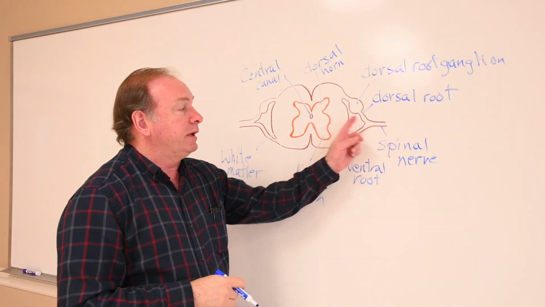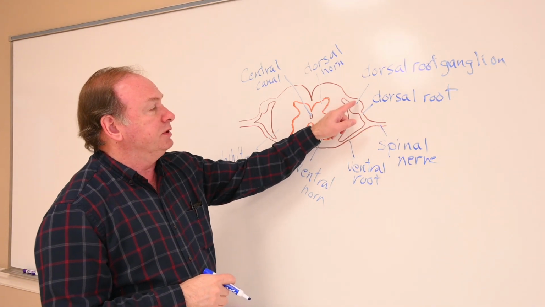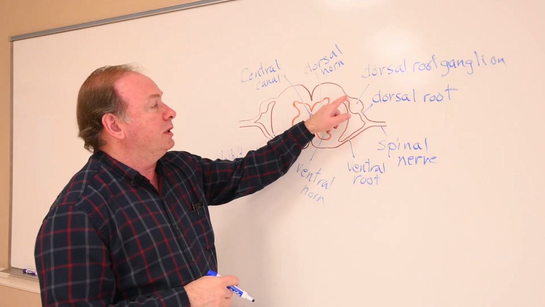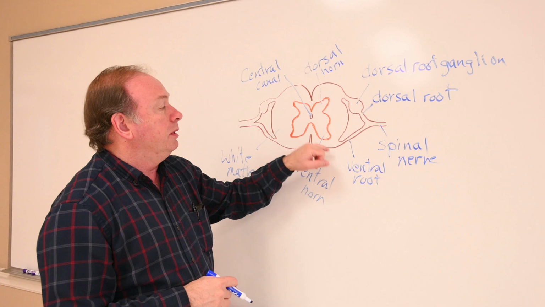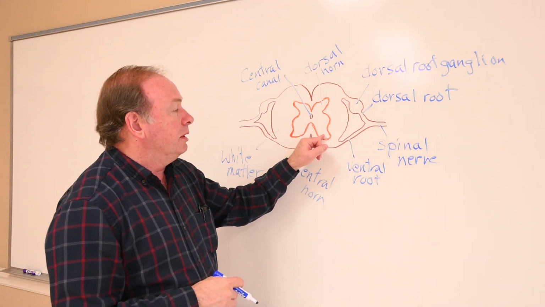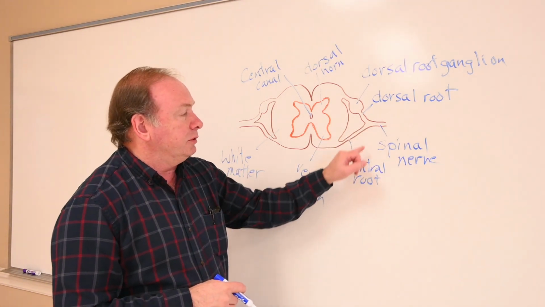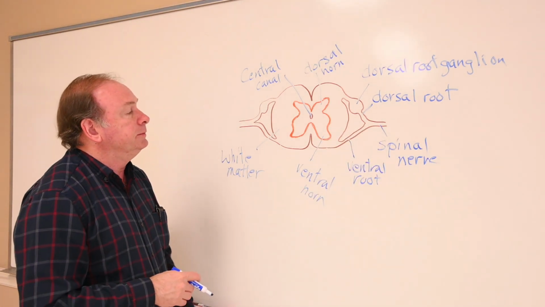Our spinal nerve carries both motor and sensory signals. The dorsal root carries the sensory signals through the dorsal root ganglion to the dorsal horn. The ventral horn of gray matter has the motor neurons that send the signal out along the ventral root to the spinal nerve.